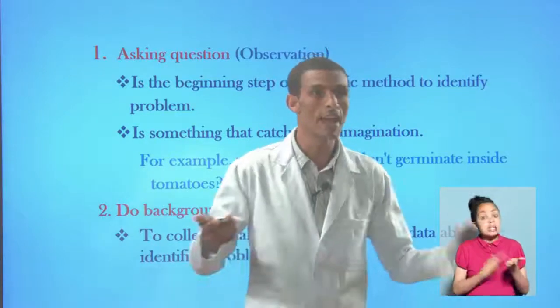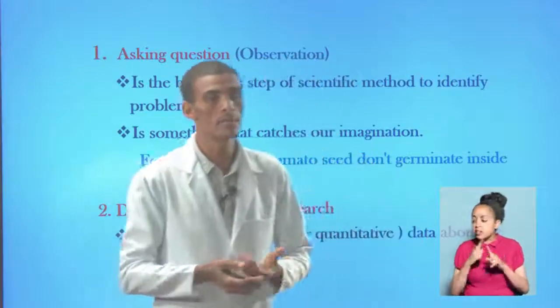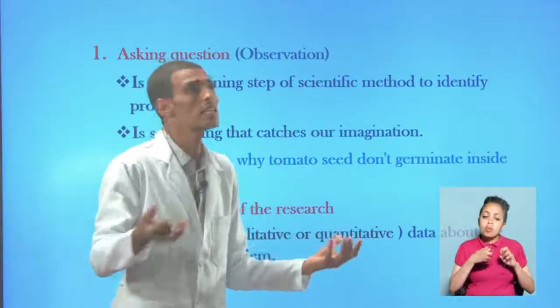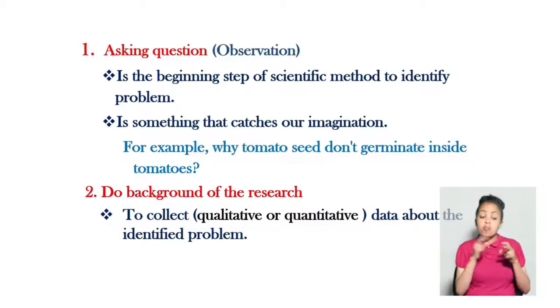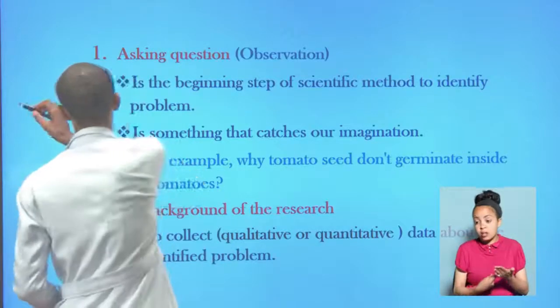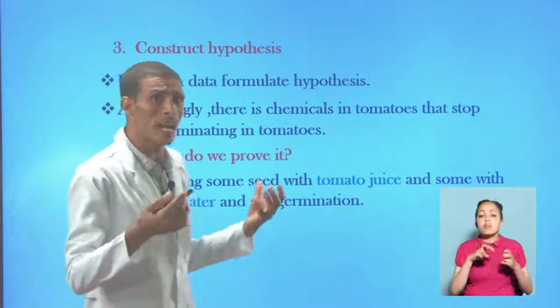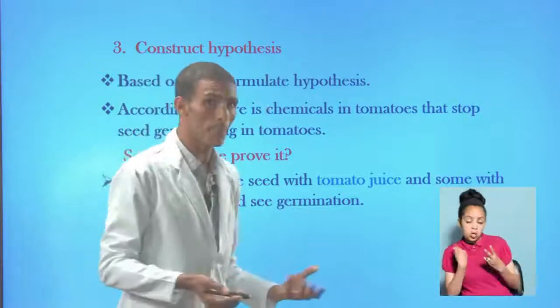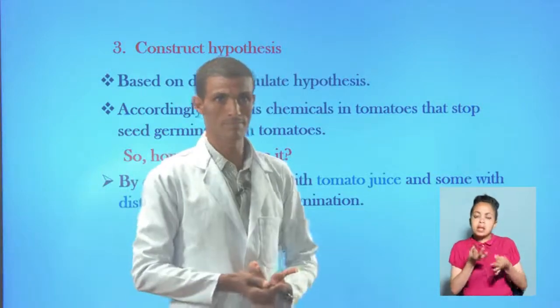This means finding evidence, finding data, defining the problem, reviewing and collecting data that can support the problem identified, which may be qualitative. Quantitative data may also be gathered about the problem identified. Based on the problem identified and the data gathered, we can construct a hypothesis. Hypothesis means a tentative explanation about the problem.